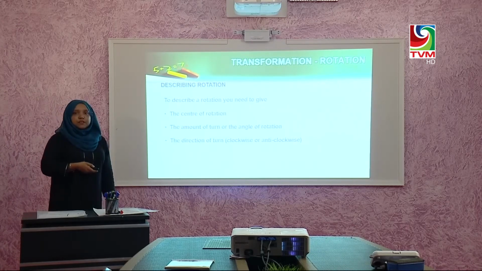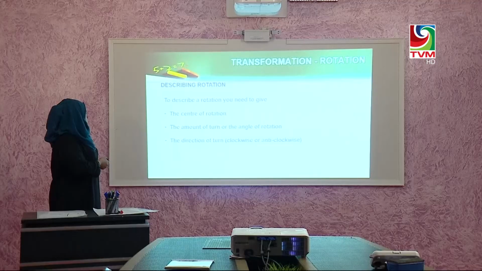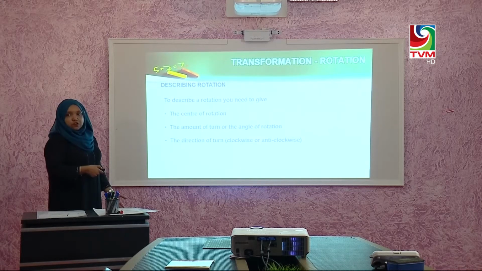Okay, next part of the lesson is describing rotation. So when you describe a rotation, you have to give the center of rotation, the amount of turn or the angle of rotation, and the direction of rotation, clockwise or anti-clockwise.